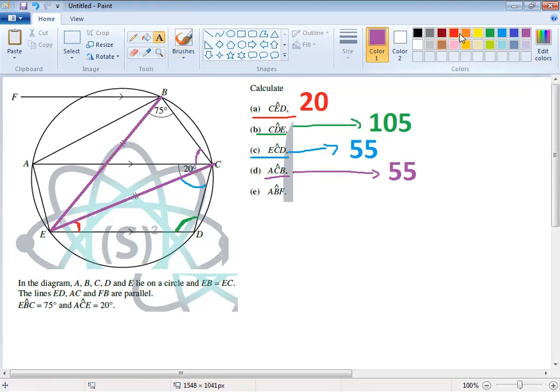Now, what about ABF? ABF. This is the angle that... okay, 75 plus... look again, 75 plus C. Look again, which triangle are you looking at?